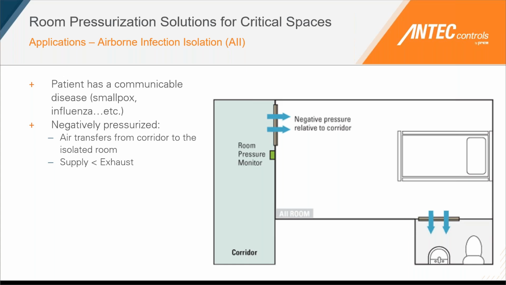So we're going to want to ensure that we're able to contain that airborne infectious disease inside that patient room. Typically with these spaces, you're going to see them negatively pressurized. So we're going to have airflow go from the corridor into the isolation room. Your total supply into the room is going to be less than your total exhaust leaving the room.